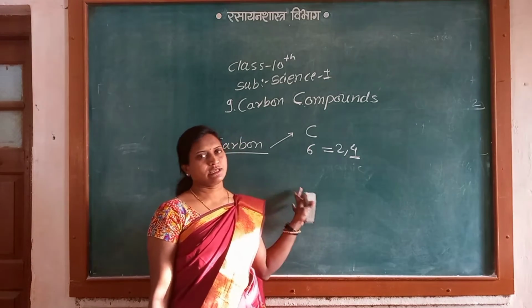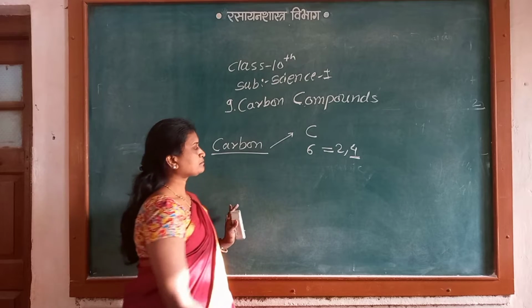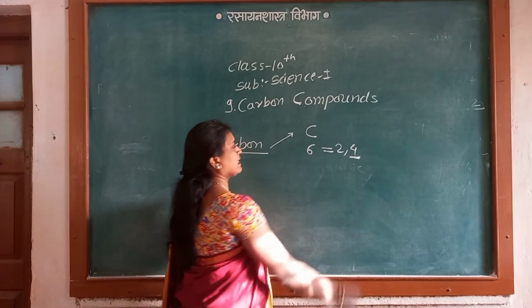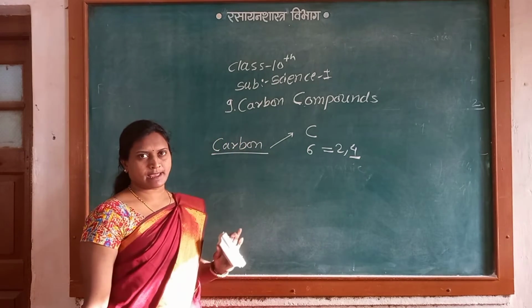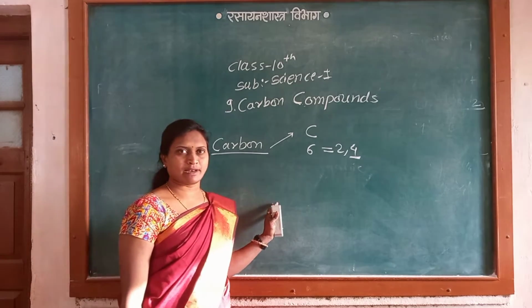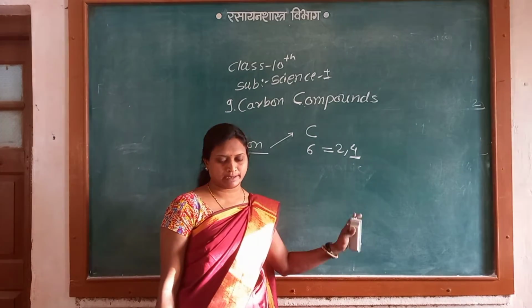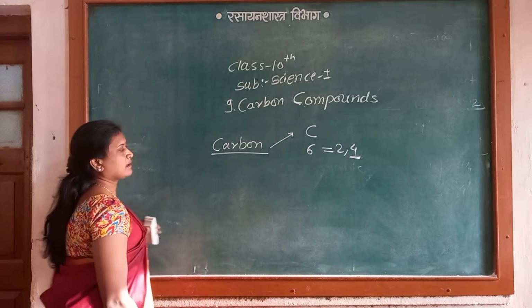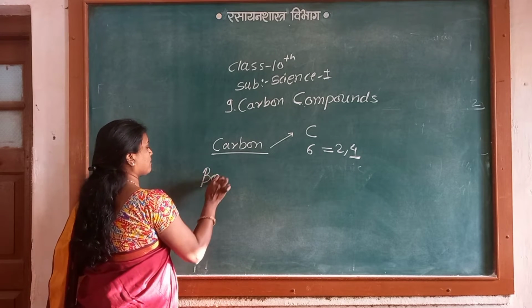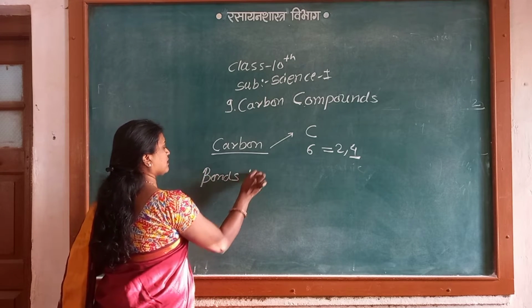How? That we will see in today's period. Its valency is 4, its symbol is capital C, it is called tetravalent, it behaves like a non-metal, and we will see some bonds formed in carbon compounds.